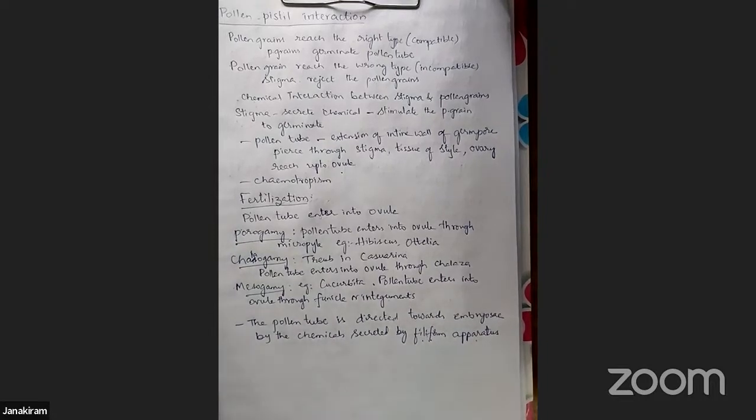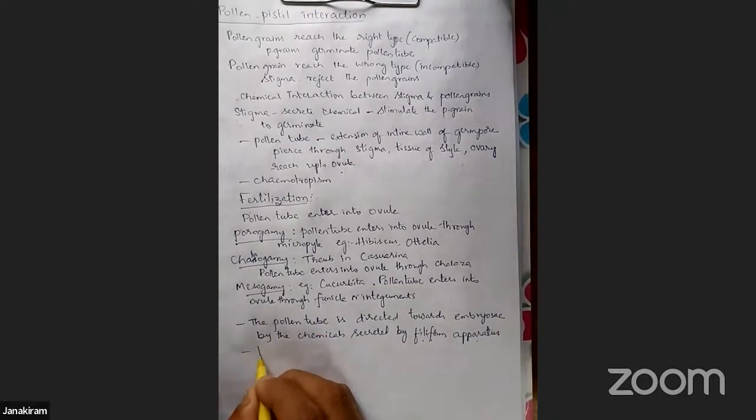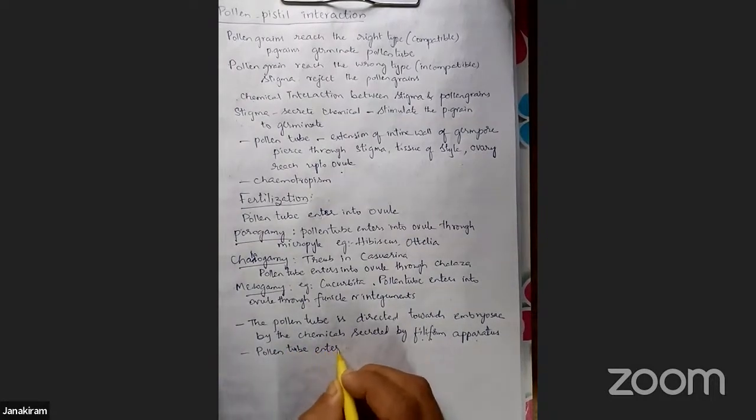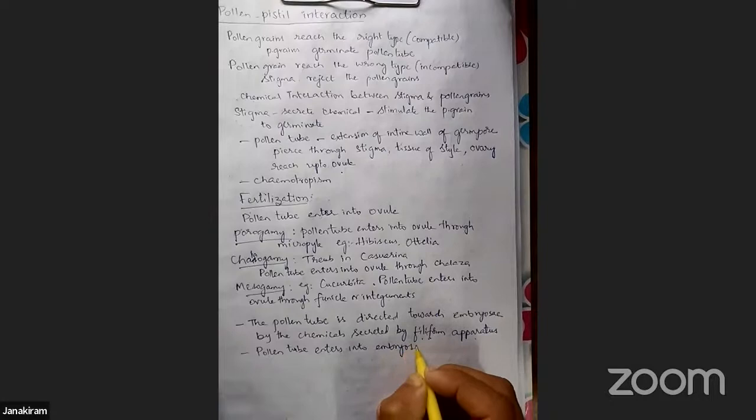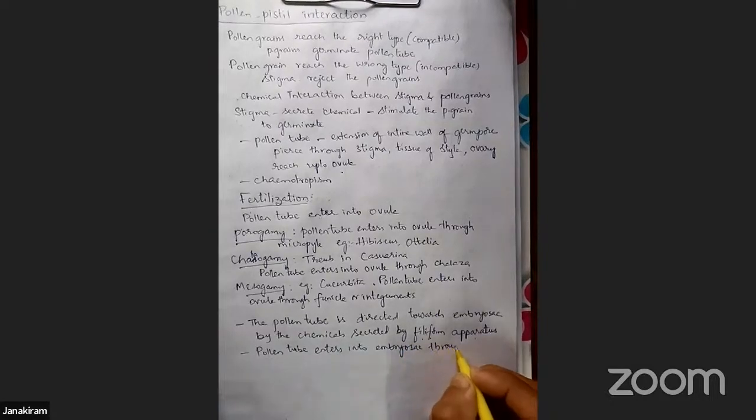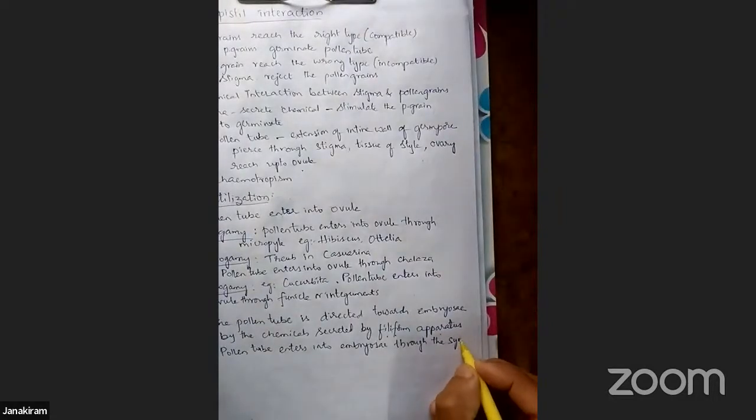Those structures will secrete a chemical so that the pollen tube is directed towards the embryo sac. Okay. So here the pollen tube enters the embryo sac through one of the synergids.